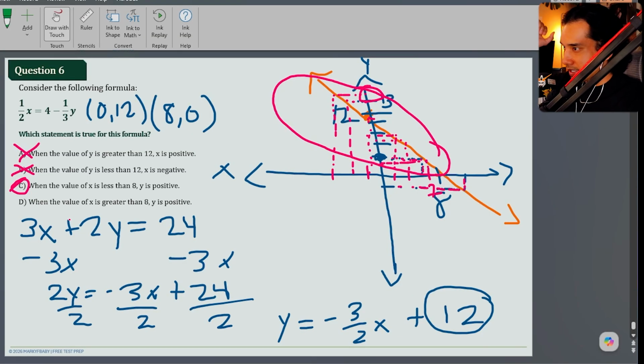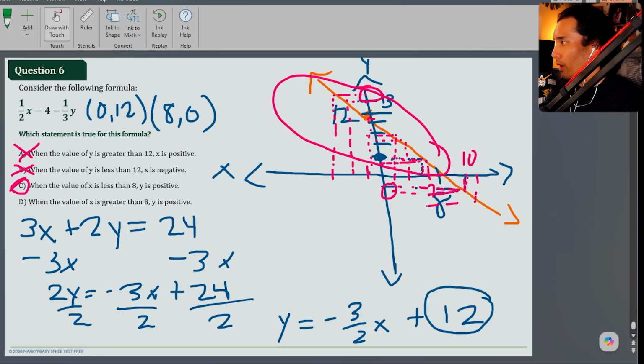But for the sake of the video, let's go ahead and test answer choice D. When the value of x is greater than 8, y is positive. Well, here's 8, right? Let's choose this number right here. I don't know, let's just choose 10. And definitely, y is negative.